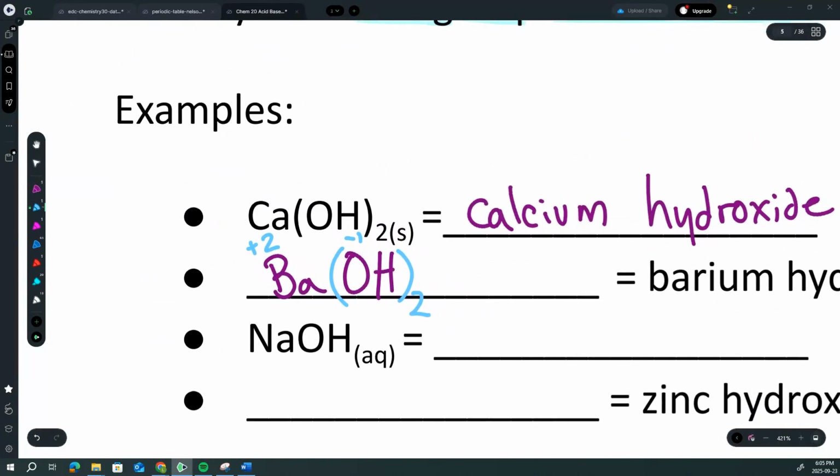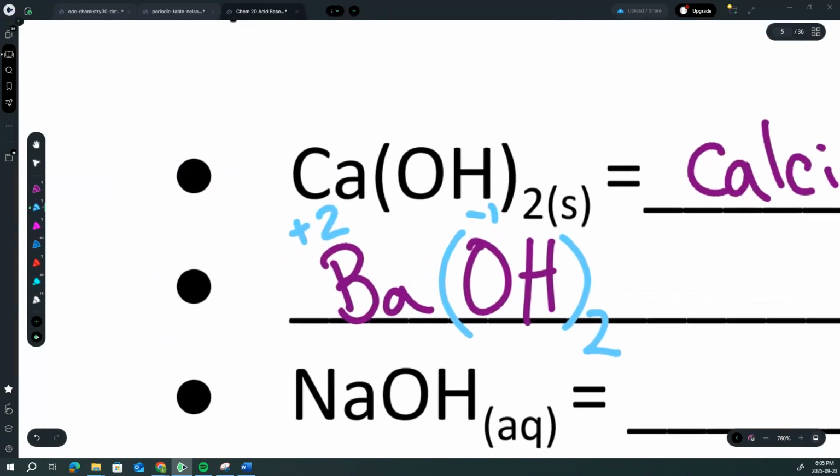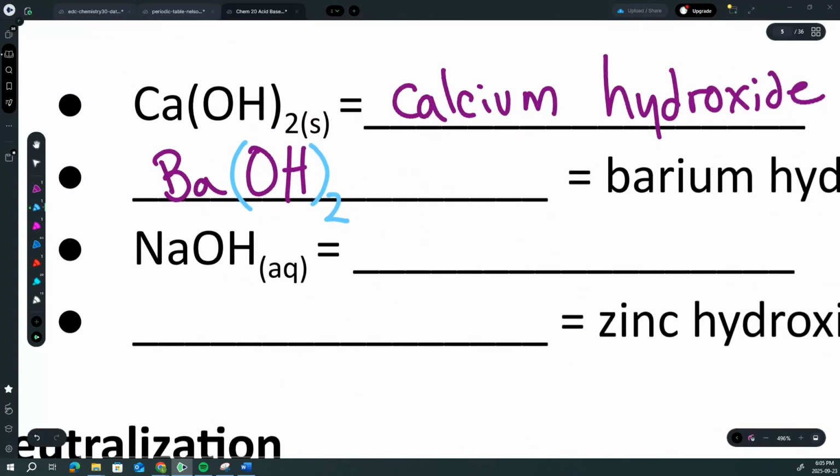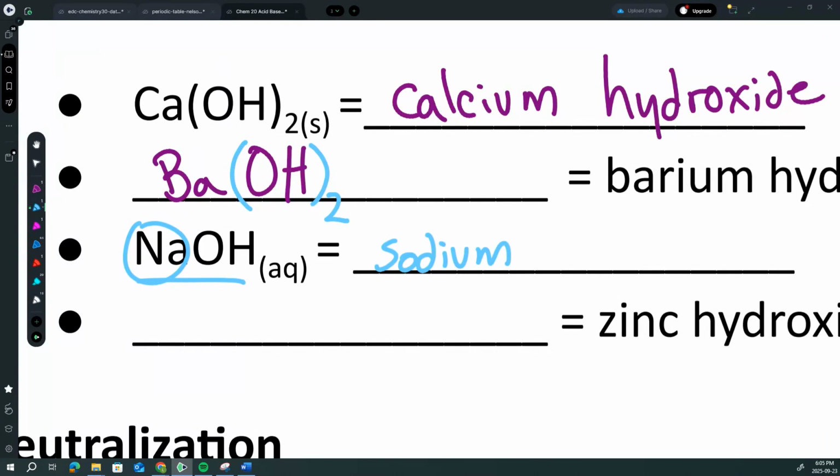Okay, so now that we've done crisscross applesauce, I'm not going to write the 1 behind barium because it's already assumed, if there's nothing written there, that there's 1 barium ion. And that's all good. With this next one here, Na, that's the symbol for sodium. And then we have hydroxide.